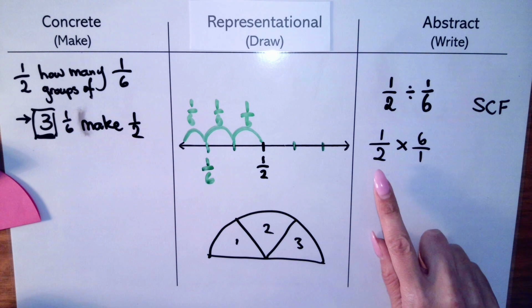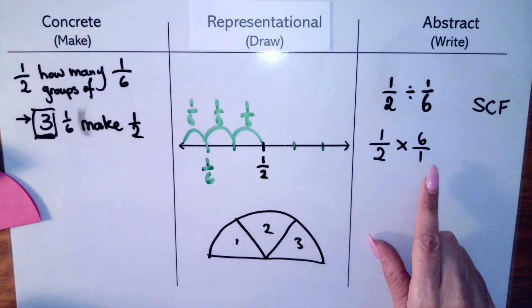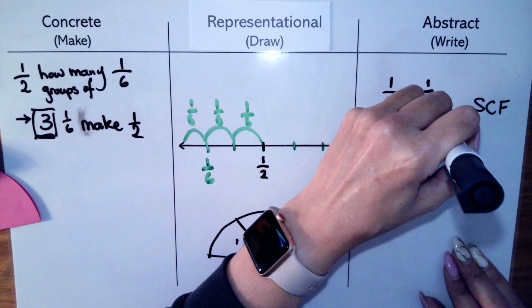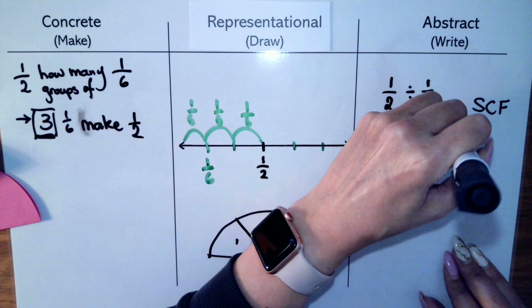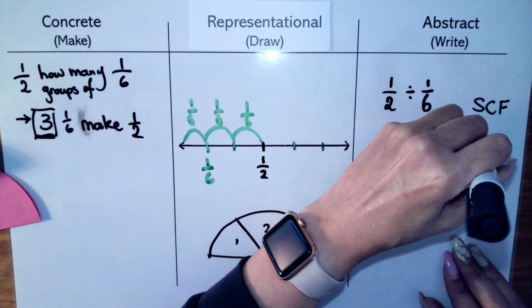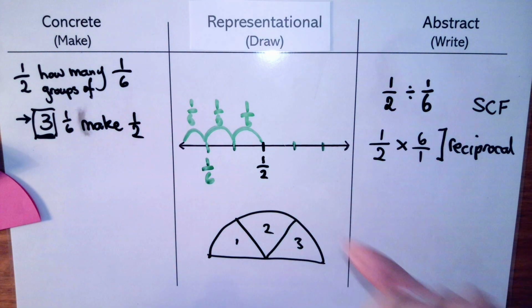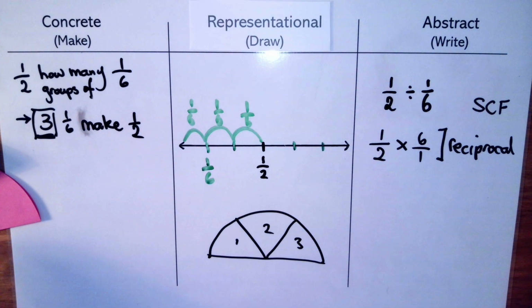Now, it adds a lot of confusion. Students don't know why they use this method, but what they're doing is finding what we call the reciprocal. When I flip over the numerator and the denominator, what I'm actually finding is the reciprocal of that particular fraction.